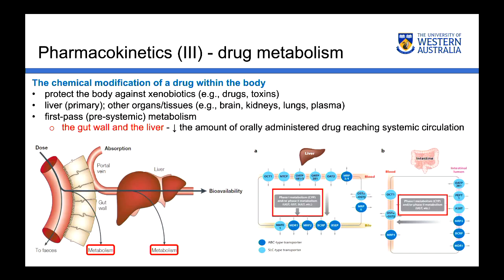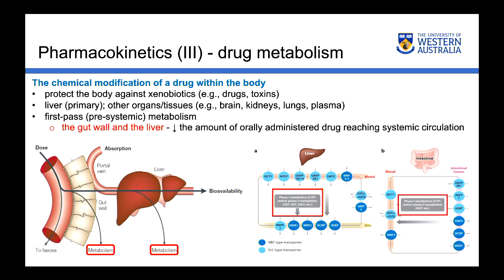The liver is the primary organ for drug metabolism, because the liver expresses a variety of metabolizing enzymes. There are other organs or tissues that are also capable of metabolizing drugs, but they play a minor role in most cases, depending on the drug. But the liver is the most important organ in terms of drug metabolism.